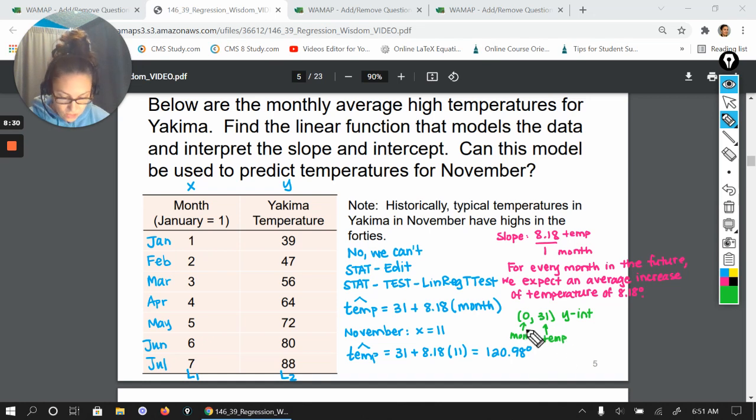So if January is month 1, then month 0 must be December. So this would mean that in December, the average temperature is 31 degrees.